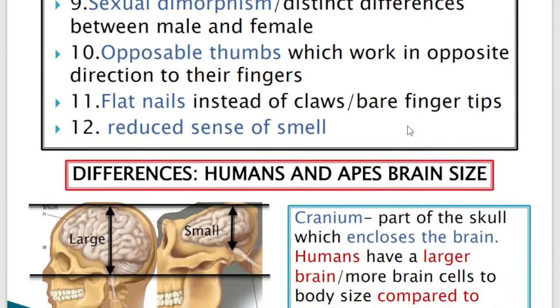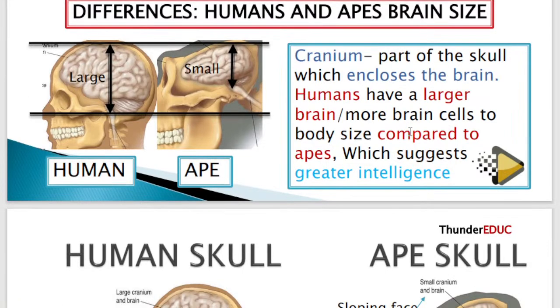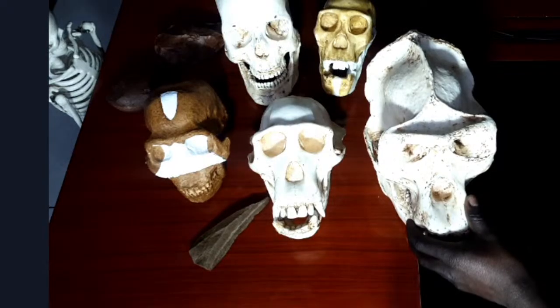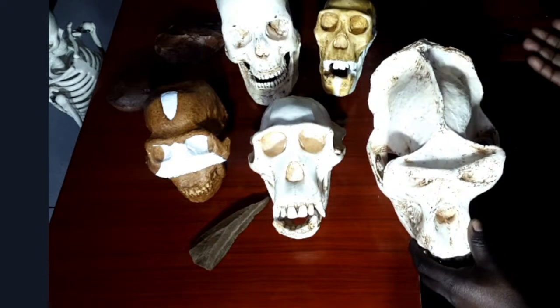Let's go to the major part we wanted to discuss. Those are the skulls, the differences between humans and the other primates. Now we are going to look at it in terms of size. If you look at this skull, is it a skull for a monkey? Am I right? Tell me, is it a monkey?